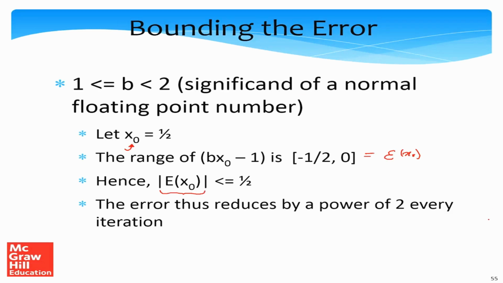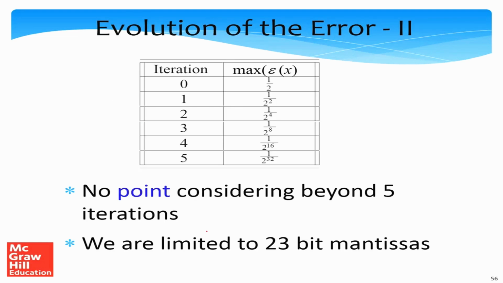Any number less than 1, if we multiply by itself repeatedly, will ultimately reach 0. So the error will converge to 0. So this at least tells us that our initial estimate, if we set x0 as half, is a good estimate, because we can not only bound the error, but in repeated steps the error will ultimately converge to 0.